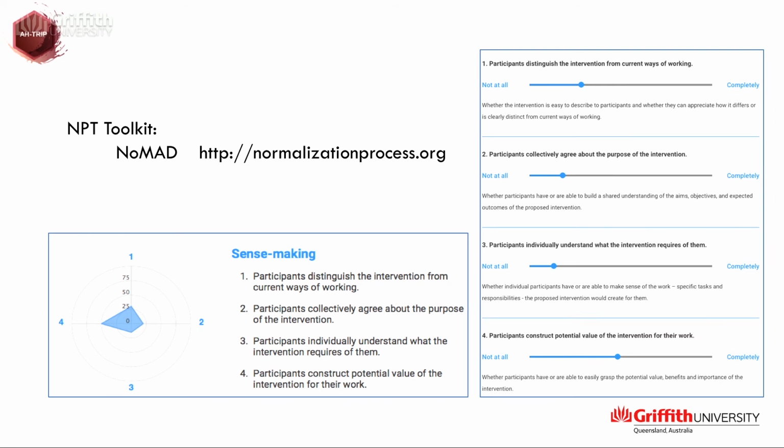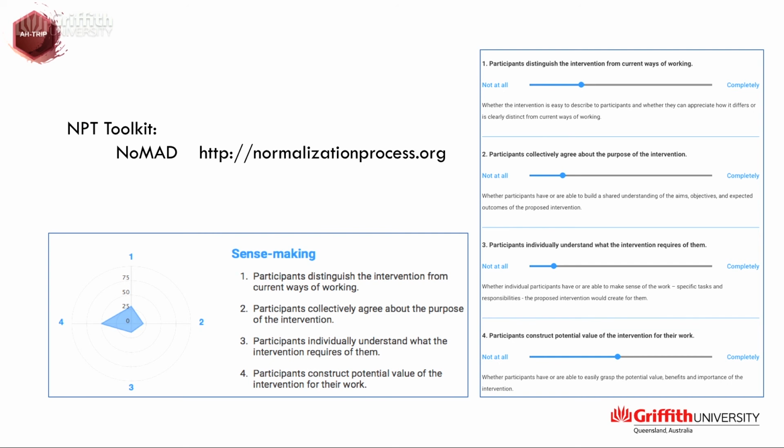The beauty of NPT is the founders, Carl May and Tracy Finch, actually encourage you to adopt this questionnaire to your particular context. Obviously, you want to try and keep it as close to what they're asking, but participants can be employees. It could be any name you want. The intervention can be any name or term that you want. So please feel free to adopt this to your particular area.